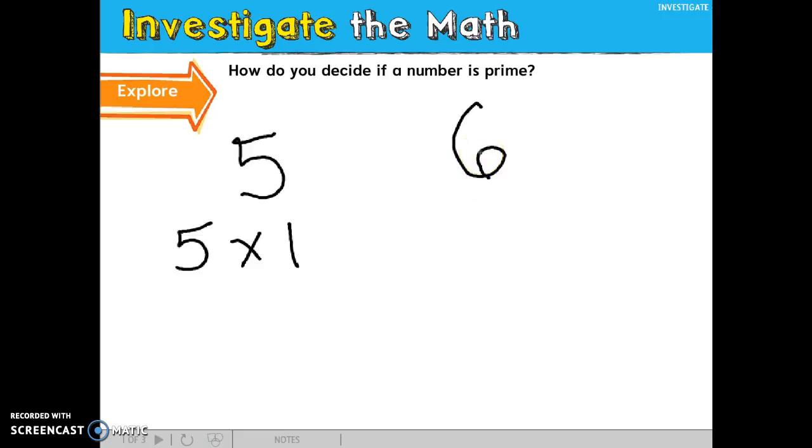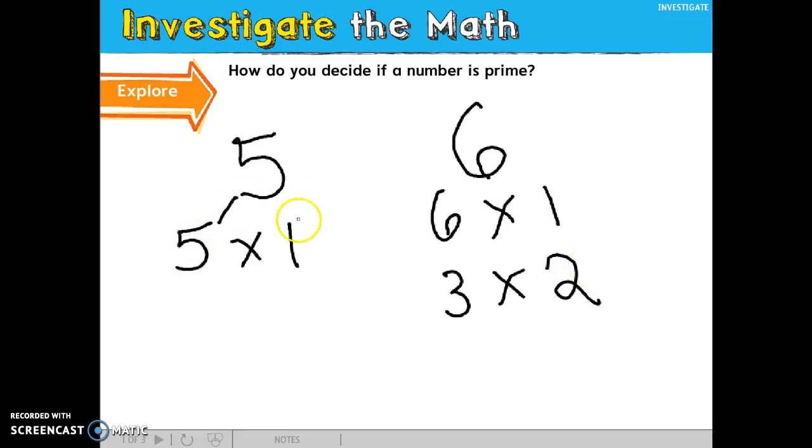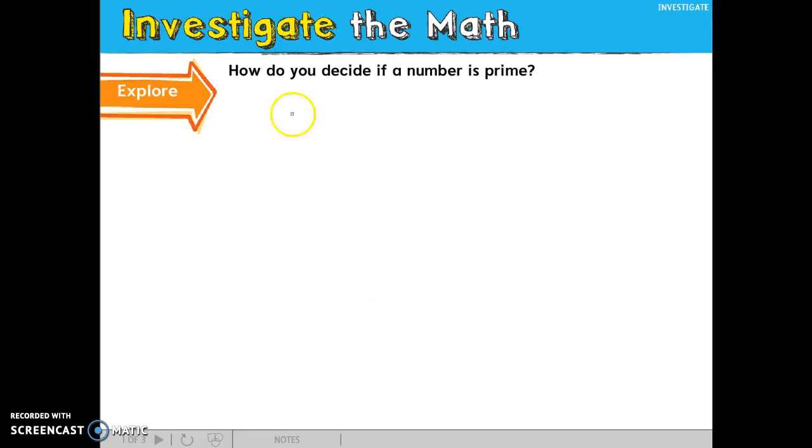It's the opposite of prime, which means it has more than two factors. So to get 6, we can multiply 6 times 1, and we can also multiply 3 times 2. So prime numbers, there's only two numbers that you can multiply together to get that number, and those numbers are 1 and whatever number we're multiplying.